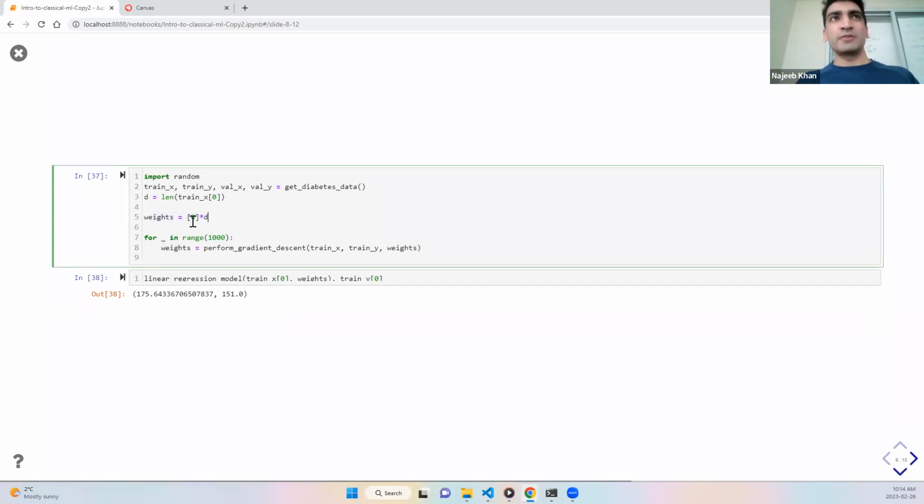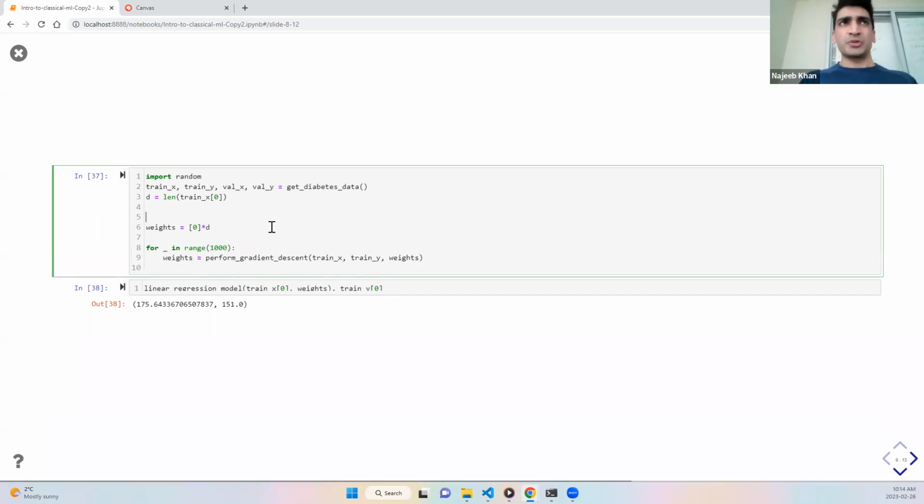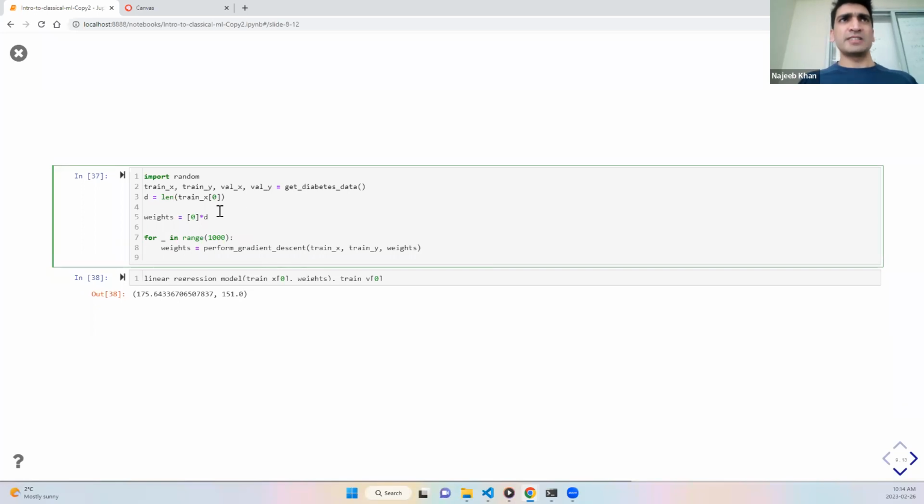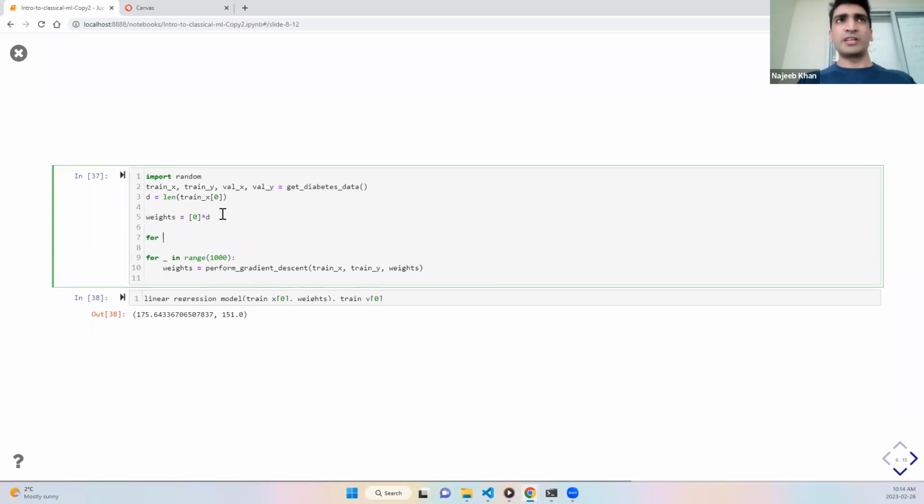We started with weights of 0. Generally it's good to not start with 0 weights because they mess up the optimization. So let's initialize the weights with random values.